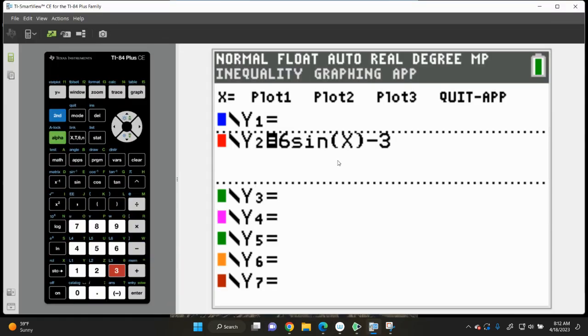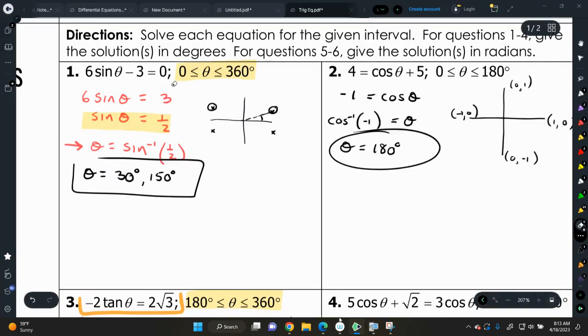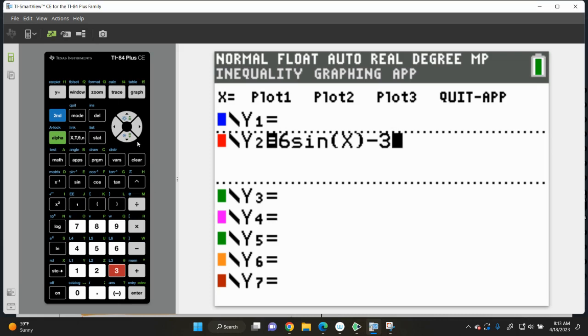Okay, so what am I looking for when I graph this one? I'm looking for either the x-intercept, because I'm looking to see where it equals 0, or I could graph it like this. 6 sine theta equals 3. Either way, I'm going to get the same thing. It's just a matter of what you're comfortable with.